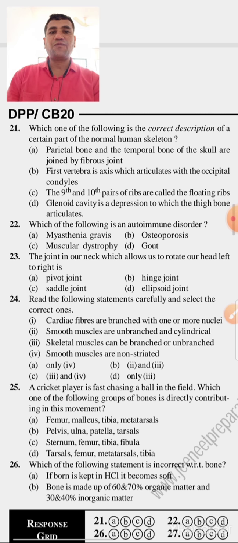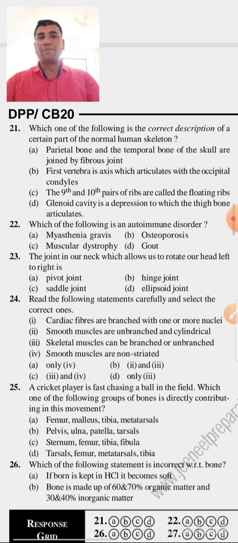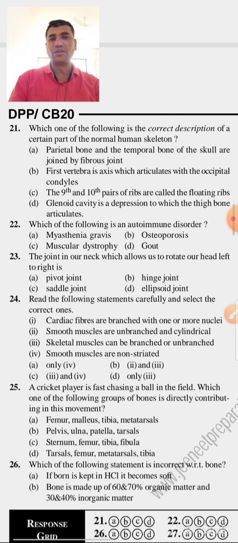Which one is a correct statement regarding a certain part of a normal human skeleton? Parietal bone and temporal bone of the skull are joined by the fibrous joint. First vertebra is axis which articulates with the occipital condyles. The 9th and 10th pair of ribs are floating ribs. Glenoid cavity is a depression to which the thigh bone articulates.